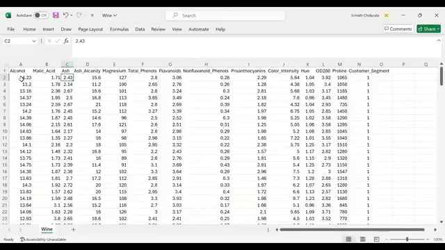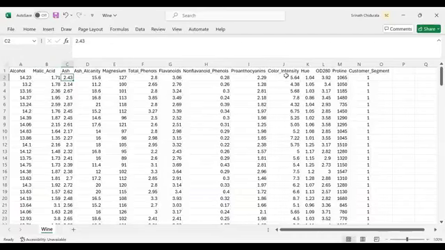Let's suppose, I'm just assuming, I'm not a domain expert here, but if there is a high alcohol content, there could be a chance that malic acid would also be high, or because of the malic acid, the alcohol content could be high.